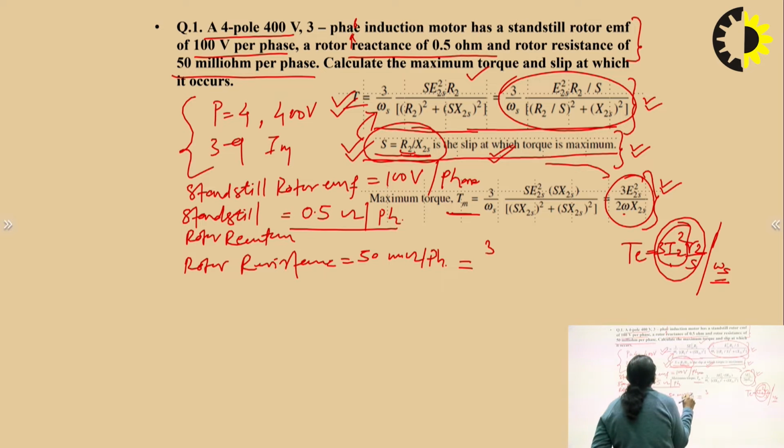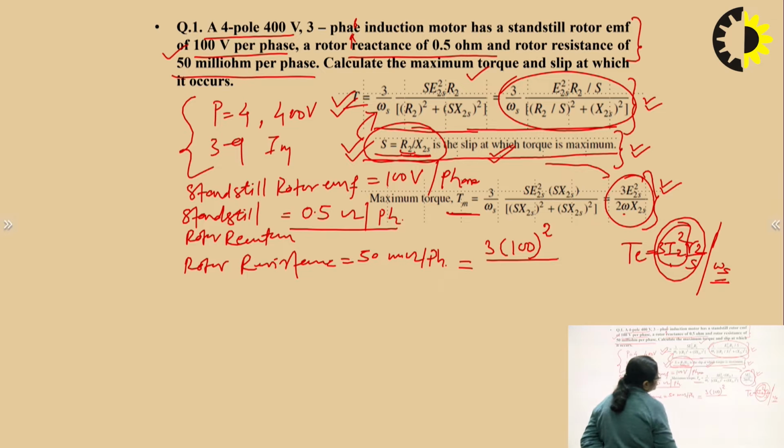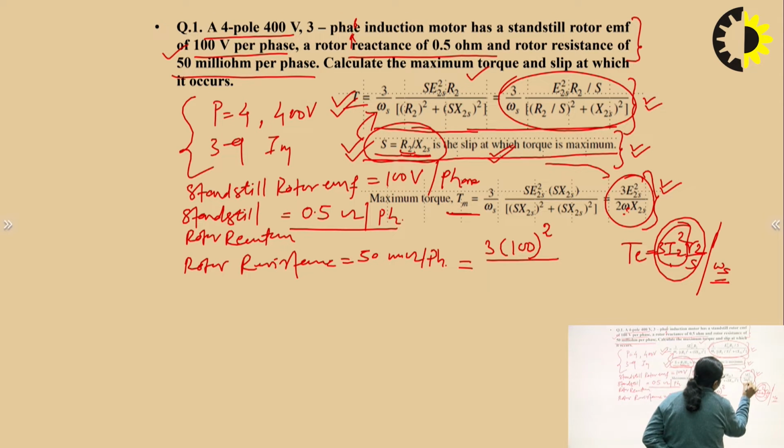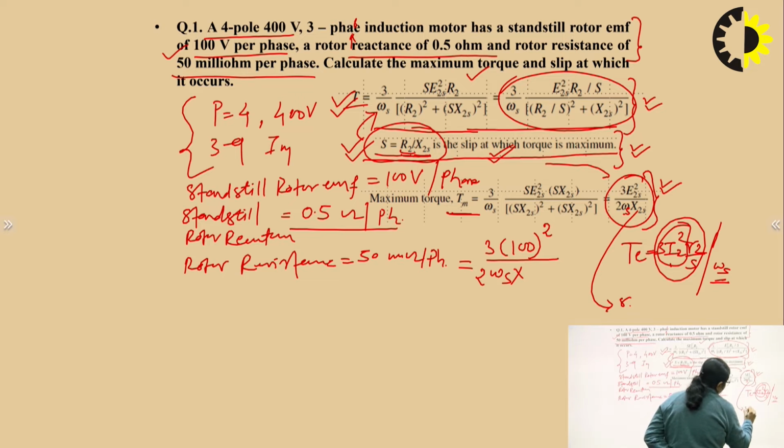E2S is the standstill rotor circuit induced EMF per phase value. So it is 100 volt per phase, which is given to us directly in the question. So thrice 100 square divided by twice omega S, the synchronous speed, times X2S, and X2S is nothing but the standstill rotor reactance, right?